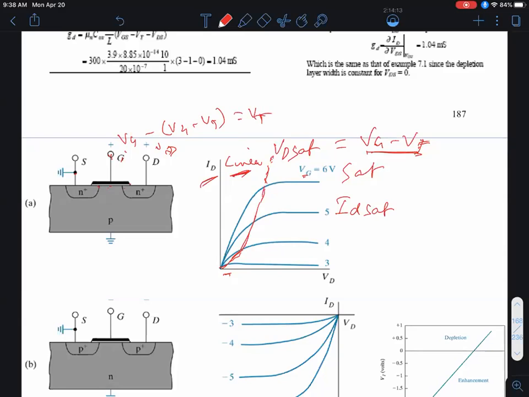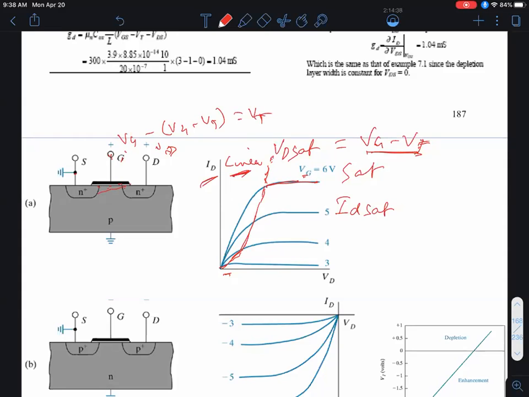So that means that when the drain voltage is equal to VD sat, at the drain end, the voltage difference is just equal to the threshold voltage, which is barely the point where I start forming the inversion region, right? And that's the point where the channel inversion region will get pinched off. And beyond that point, the drain current doesn't increase much, okay? It saturates at VD sat, okay?